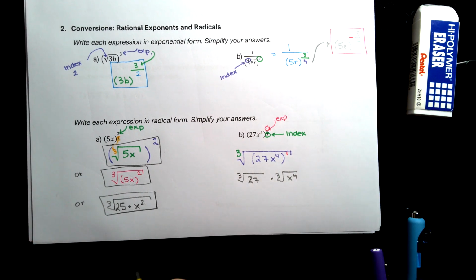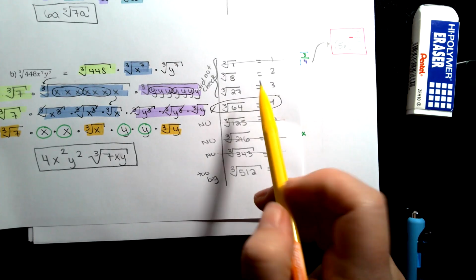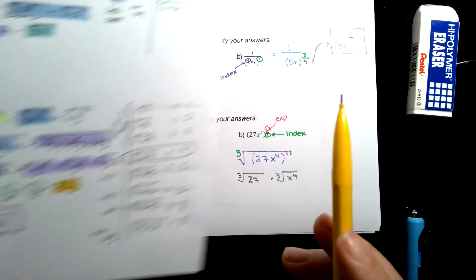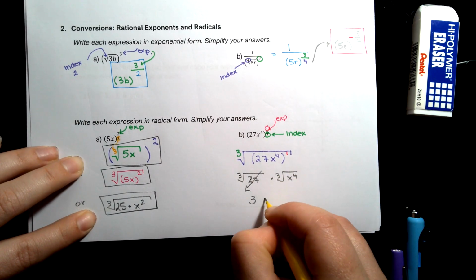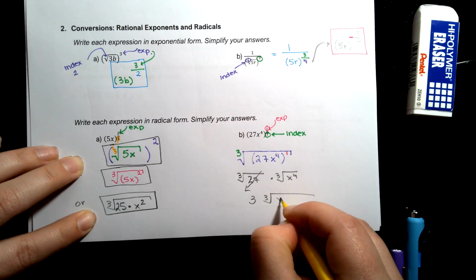Cube root of 27, again, I can go back here to our first page. Cube root of 27 is 3. Here we can expand the cube root of x to the fourth.